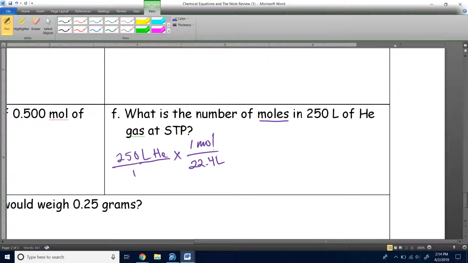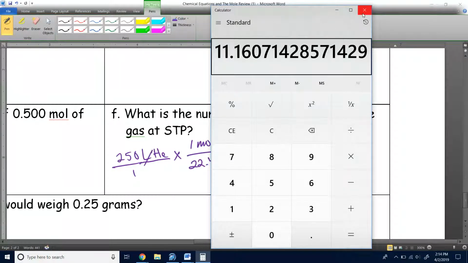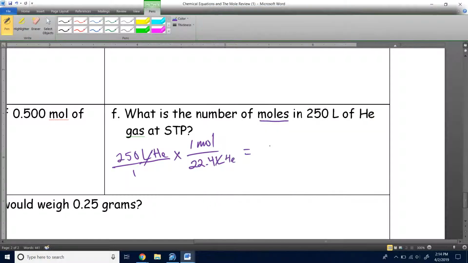And look, liters cancel. This is helium. So we just do the math. We type in our calculators 250 divided by 22.4, which gives us 11.16 moles of helium gas.